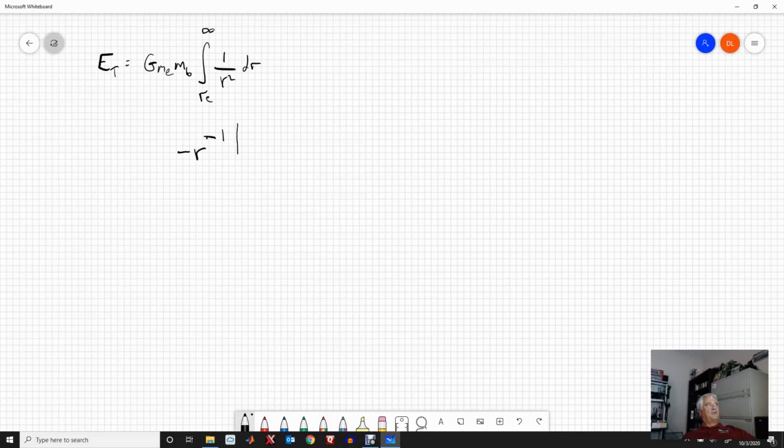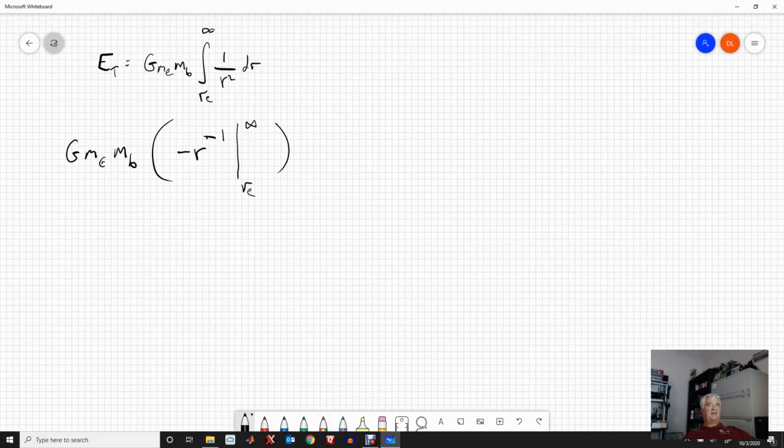And if we want the actual values, we have to integrate starting from the radius of the Earth out to infinity. Now, all of this is times G, mass of the Earth, mass of the ball. What we're going to do is plug this number in, and then subtract from it.